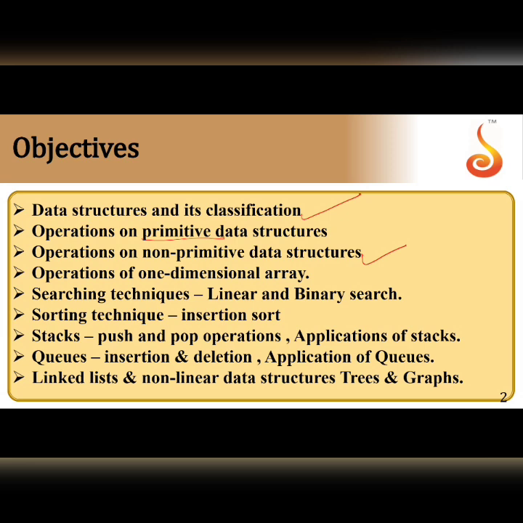What do you mean by searching? Searching is nothing but finding an element in a list of elements, whether that element is there or not, and you have different techniques to do that. The end result would be the same. If you are searching for an element, either the element would be there or it will not be there.